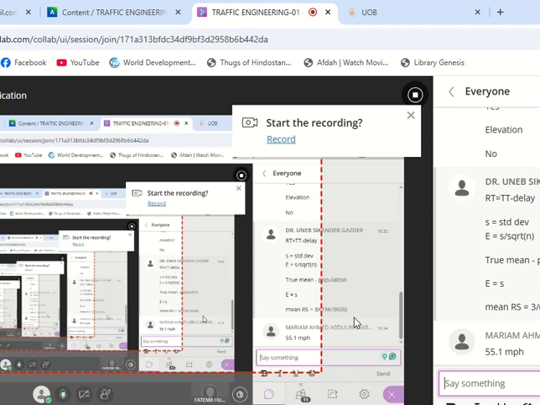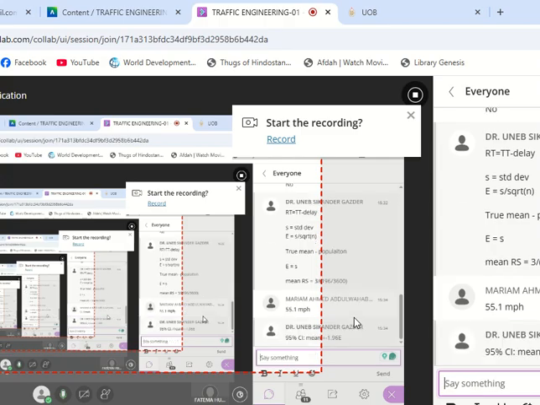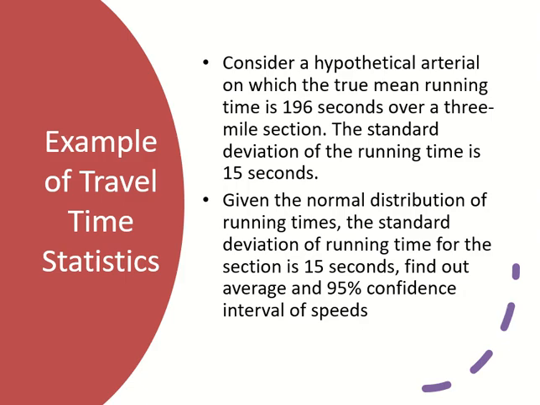Now for the 95% confidence interval of mean running speed, I have to calculate the 95% confidence interval of running time. The 95% confidence interval of anything was mean plus minus 1.96 E. So if I'm doing it for the running time, the mean is 196 plus minus 1.96 times my E, which is 15 seconds.